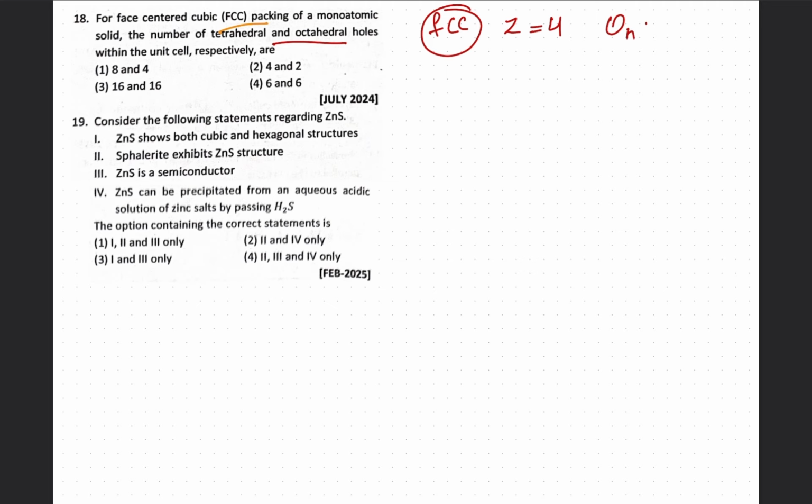The octahedral void will be equal to Z and the tetrahedral void will be equal to 2Z. So octahedral void will be 4 and it is 4 into 2, 8. So tetrahedral 8 and octahedral 4. Okay, correct answer will be 1.